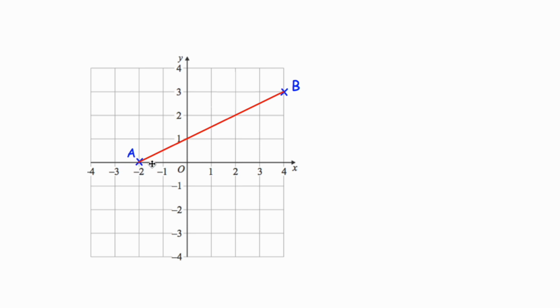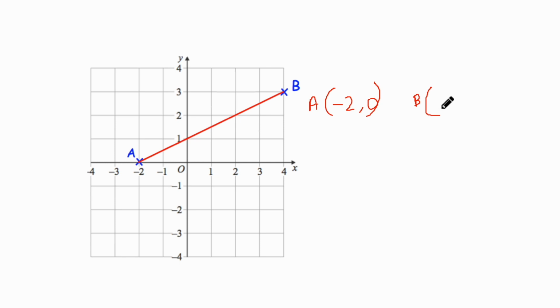So A looks like it's minus 2 on the x-axis and 0 on the y-axis, so let's write that down, minus 2 and 0. And for B it looks like it's 4 and 3.